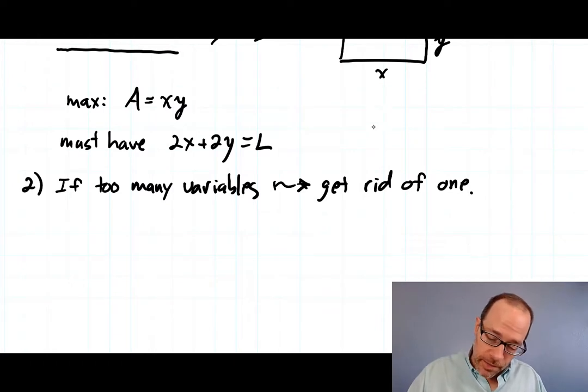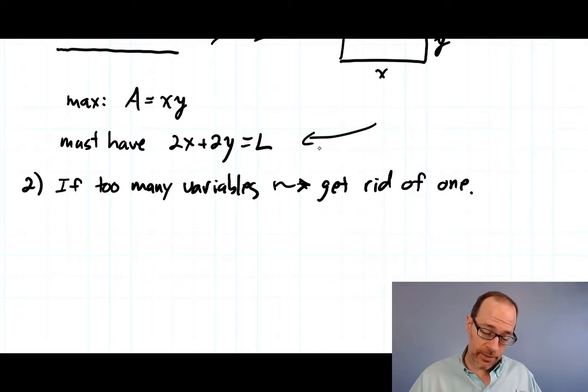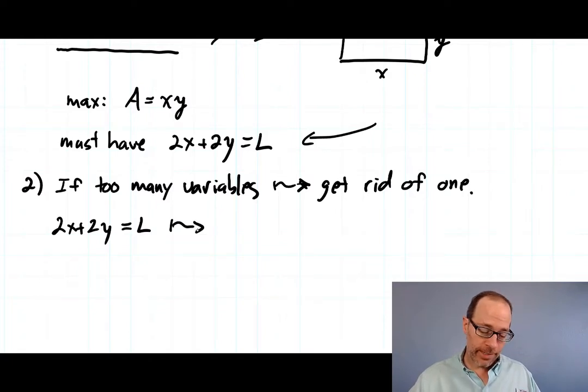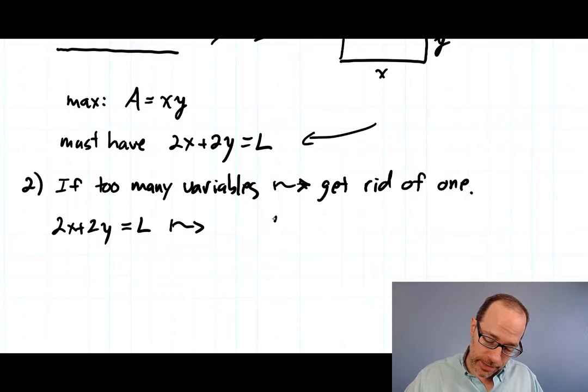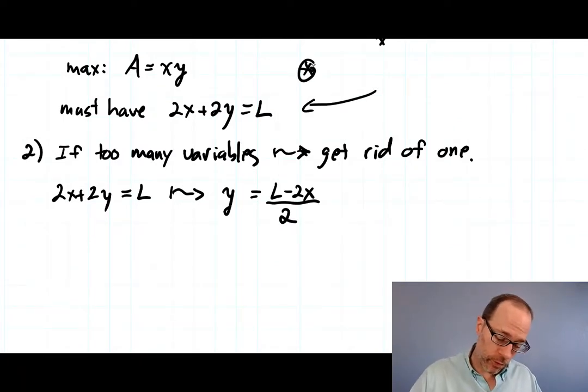But this equation here tells us the relation between x and y. So we can solve for y, for instance, in terms of x, and then remove that from the area. So 2x plus 2y equals L. We can solve that for y. So we would take L and subtract 2x from both sides of that equation, and then divide by 2 to get y. And we care about that because we can insert it up here into the area formula.